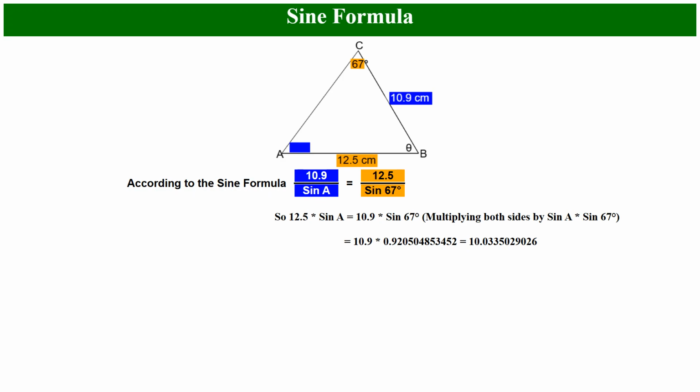Now divide both sides by 12.5, so we just get sine A on its own there, and doing that division on a calculator gives us this, 0.80268, etc. And now you remember that to find the angle A, we need to have this 0.80268, etc. on the calculator screen and press the sine to the -1 key, or it could be arc sine on your calculator.